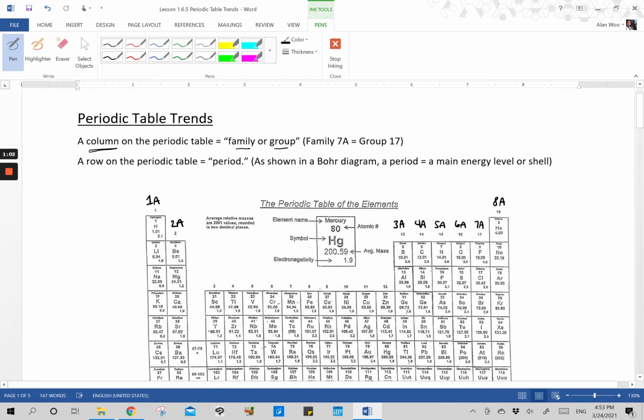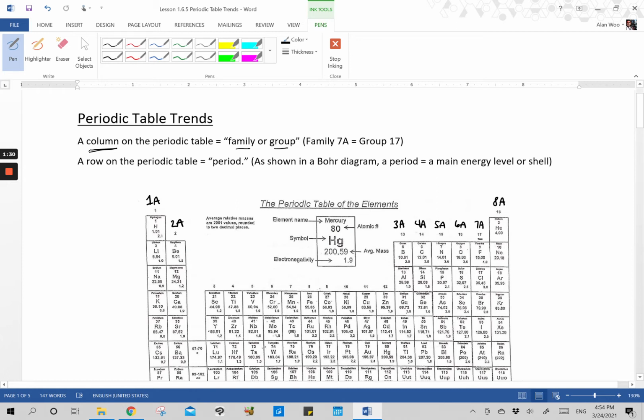So most of your periodic tables will have 1A, 2A, all the way up to 8A. So if we look at family 7A, family 7A is the same thing as group 17. The only ones that don't have a family designated with an A are the transition metals. So that's why the groups actually run from 1 all the way to 18, because they include the transition metal elements.